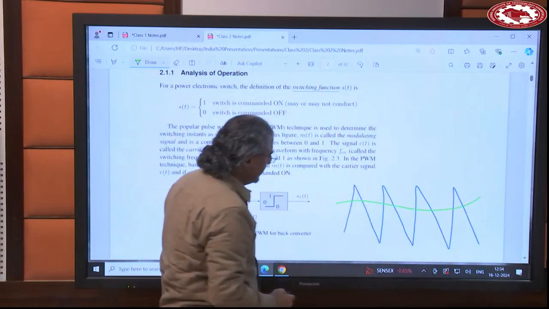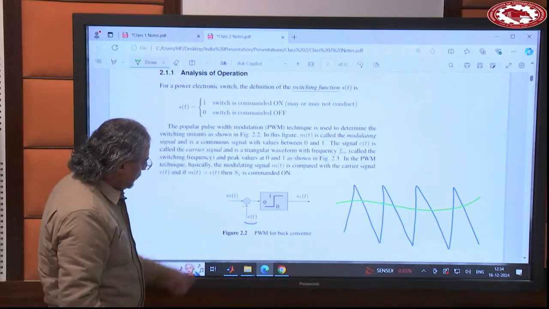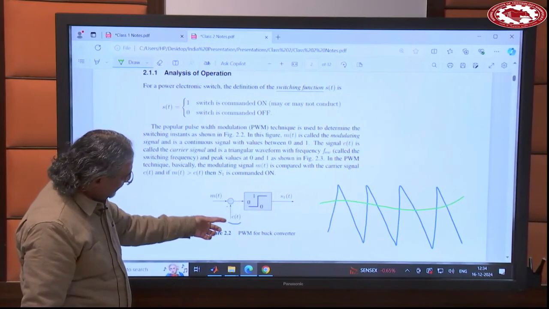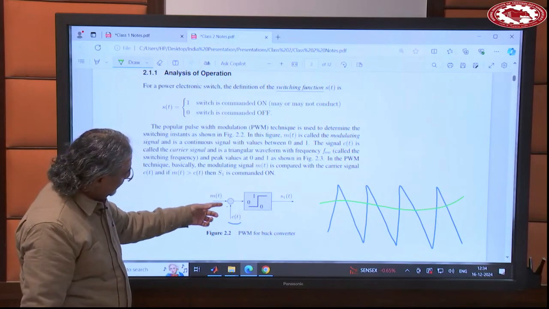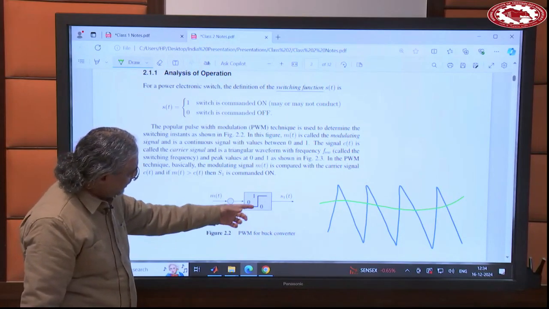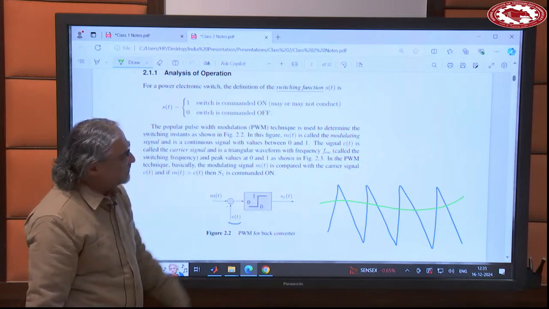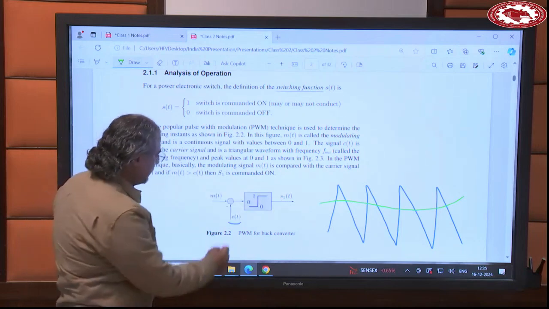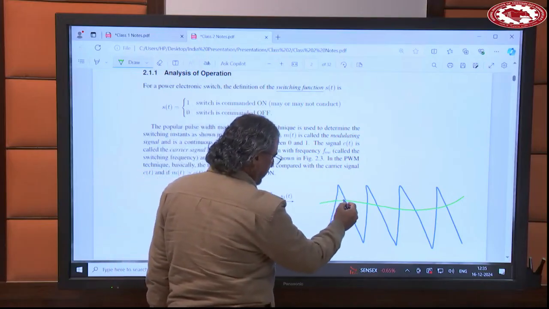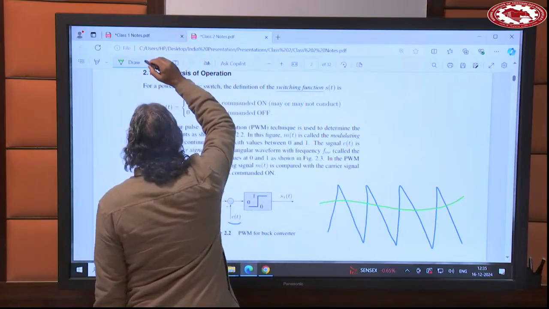So low frequency. You compare this one and this one, you subtract them or you compare them. And depending on whether this is larger than this one or this is smaller than this one, you output 1 or 0, right? So here, for instance, M is smaller than C in this region.